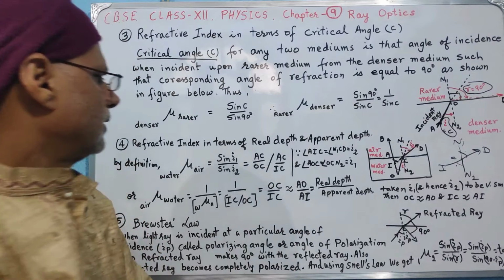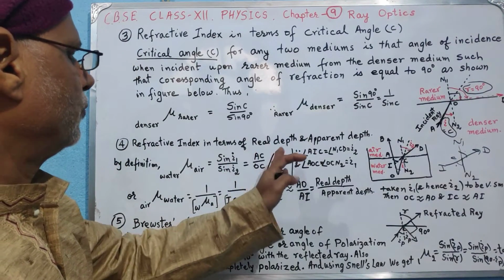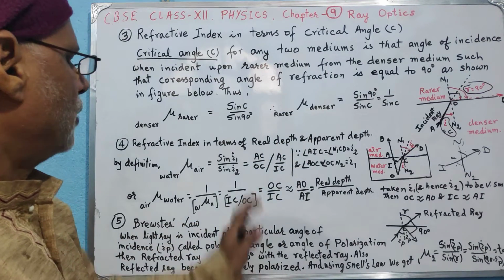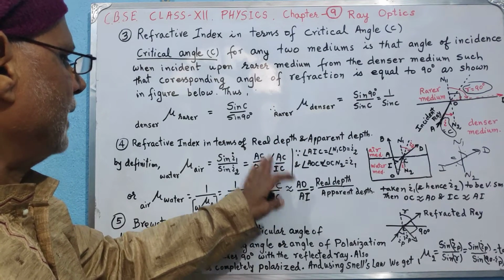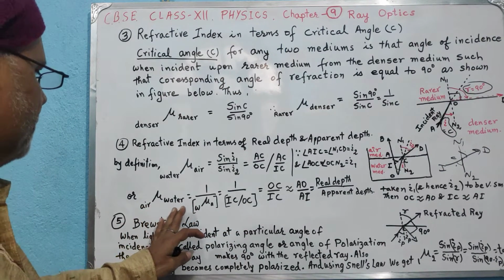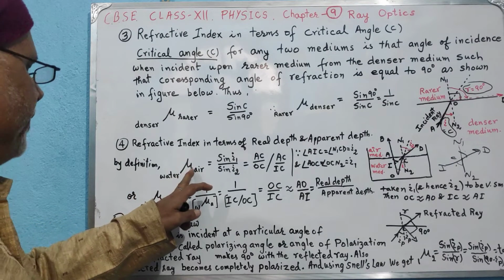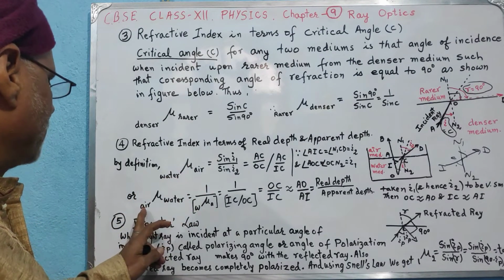So we got this. Now AC in these two factors cancel out, and therefore we are left with IC upon OC. And when we reciprocate it, we get the refractive index of water with respect to air.